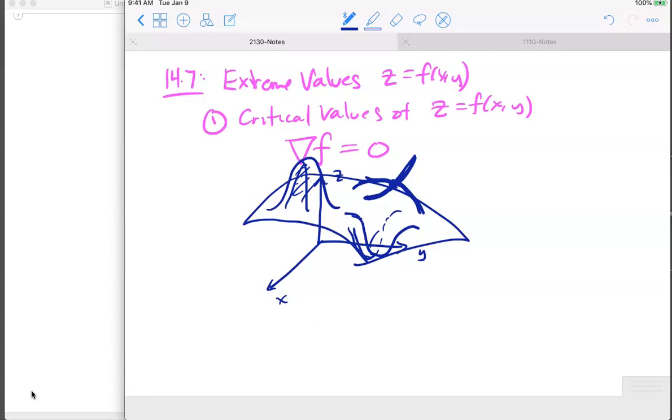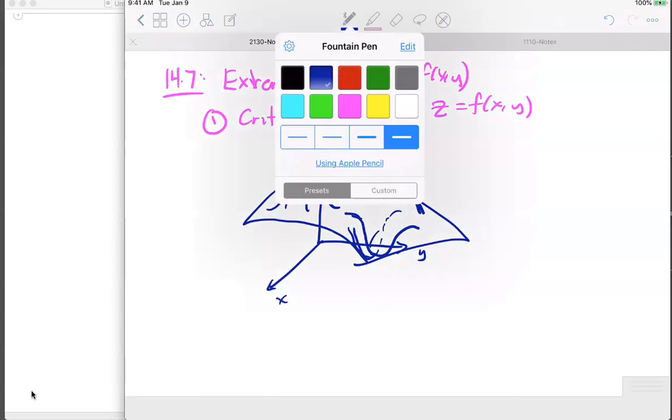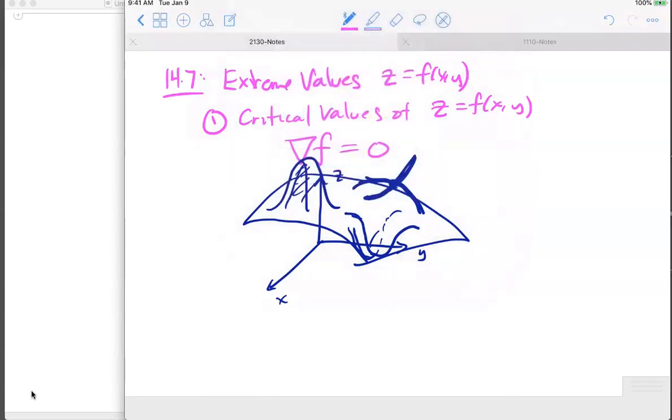Okay, so here what we're looking for is a critical value. So if the gradient is equal to 0, recall that the directional derivative of the function at a point P is defined in terms of the gradient of the function at the point dotted with u.